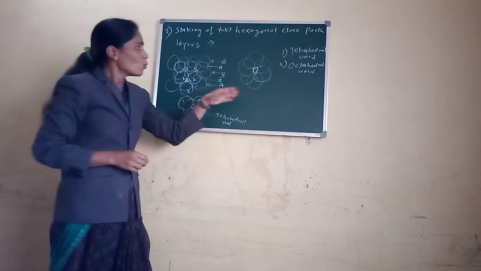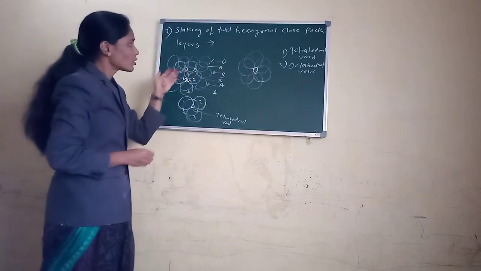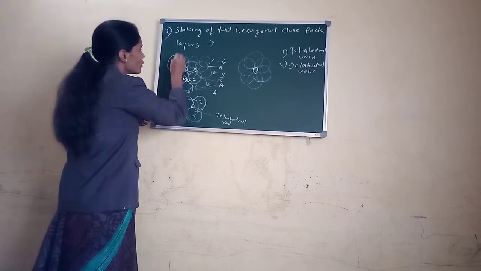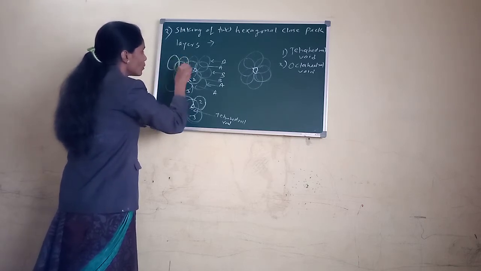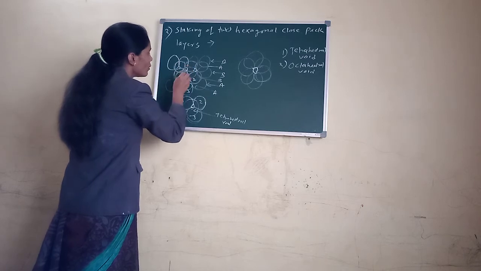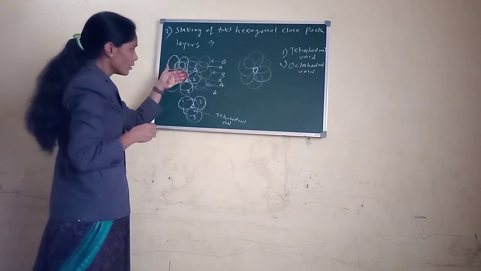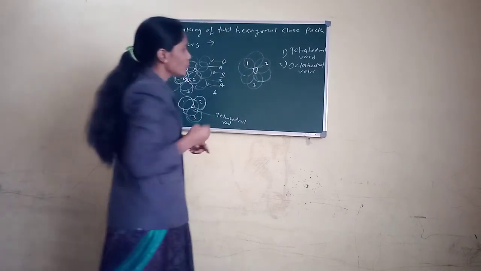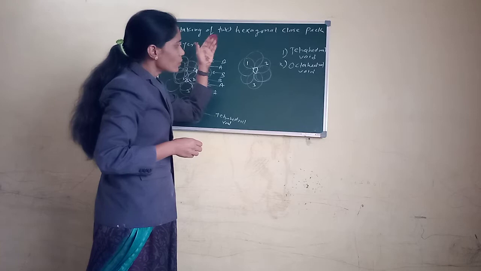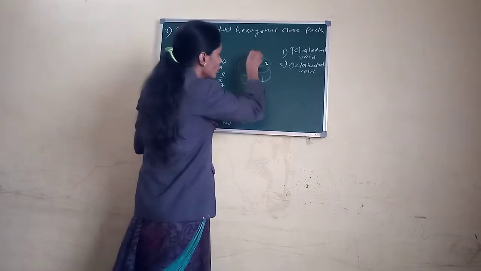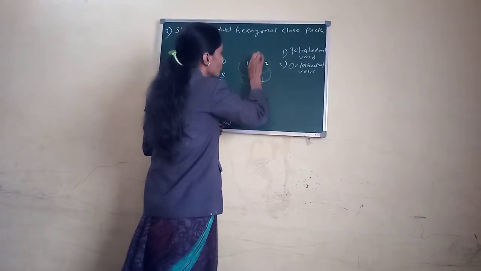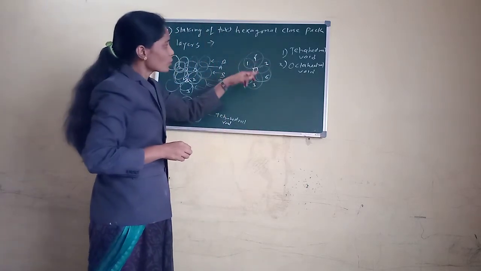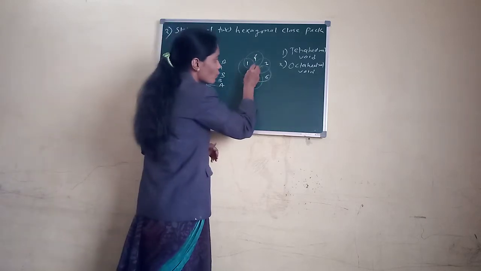Again, one more type of void is observed in this structure. Observe the three spheres of the lower layer and three spheres of the upper layer, here 1, 2, 3. These are the three spheres of the lower layer and 4, 5 and 6, these spheres of the upper layer, produce the void.